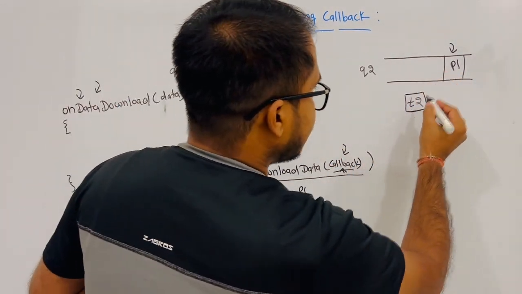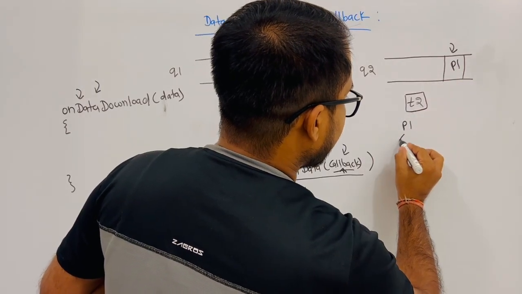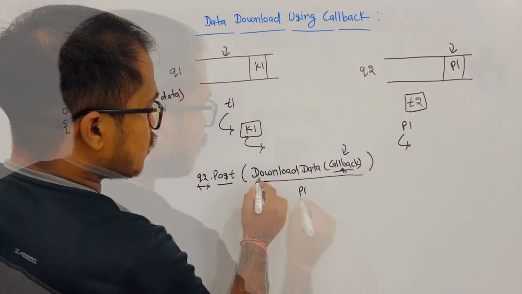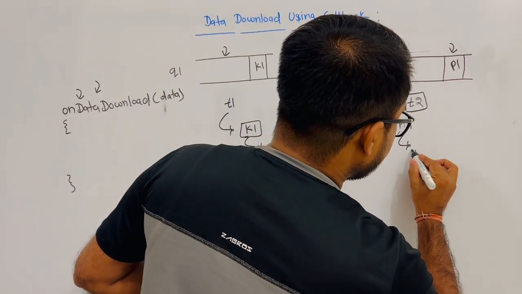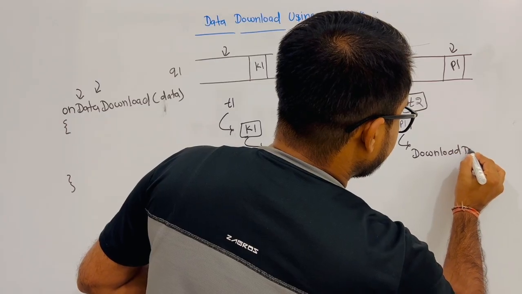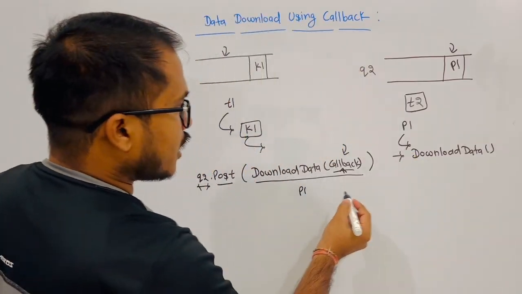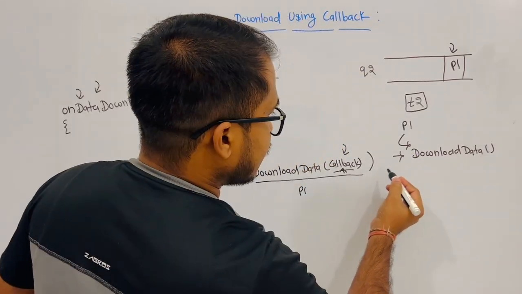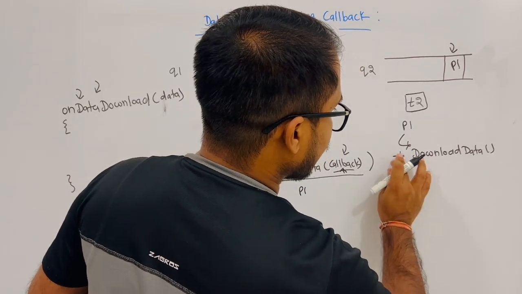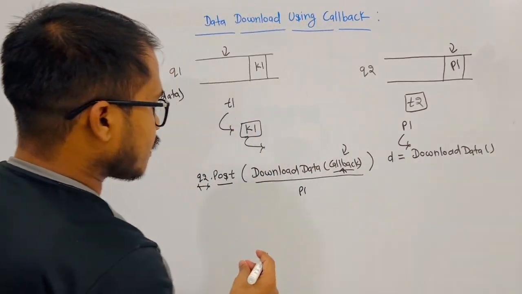So now T1 will pick this particular task from its queue and it will try to execute it. So now it will call download data, which is a blocking call, and once the response comes, let's say the response of this particular function call is, let's say, D equal to download data.